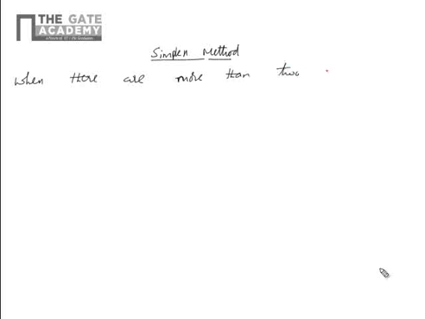Next is the simplex method. When there are more than two decision variables in the problem, the graphical method is difficult.